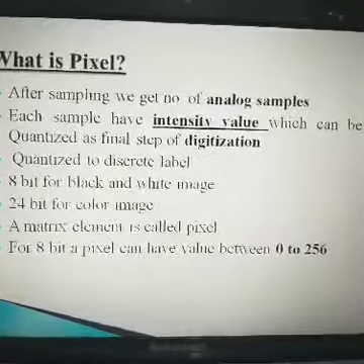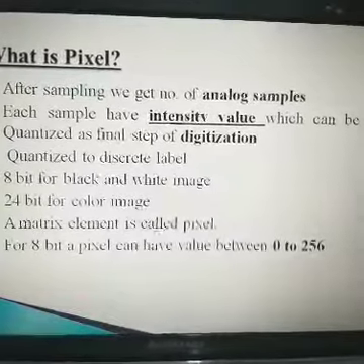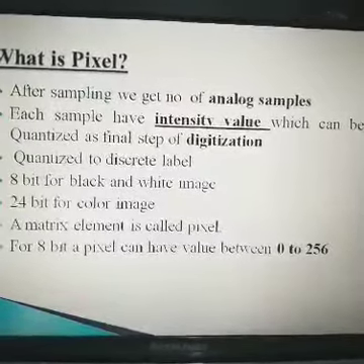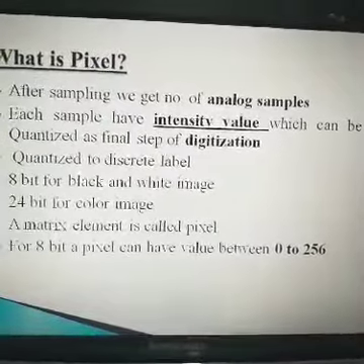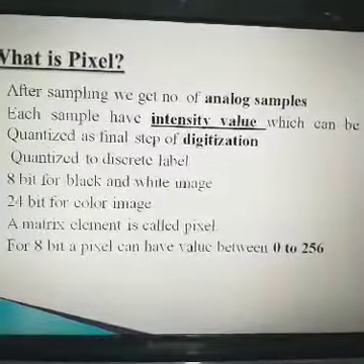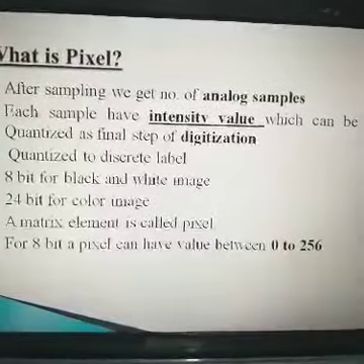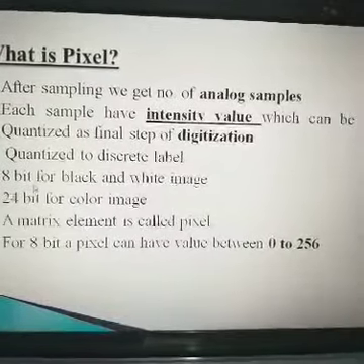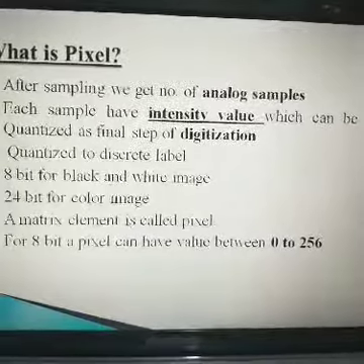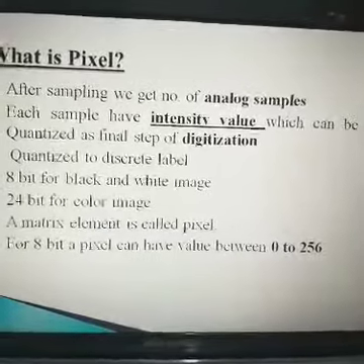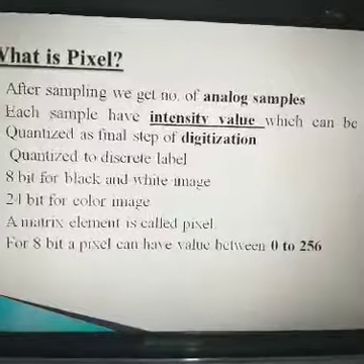After the digitization process, once quantization is done, we get the discrete levels of an image. If there is an 8-bit image, then it represents a black and white image. If it is a 24-bit image, then that is a colored image.